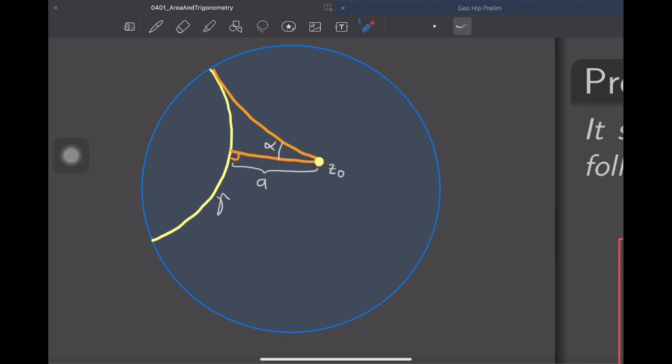Well, you can first argue by taking a Mobius transformation preserving the disk bijectively that moves Z0 to the origin.